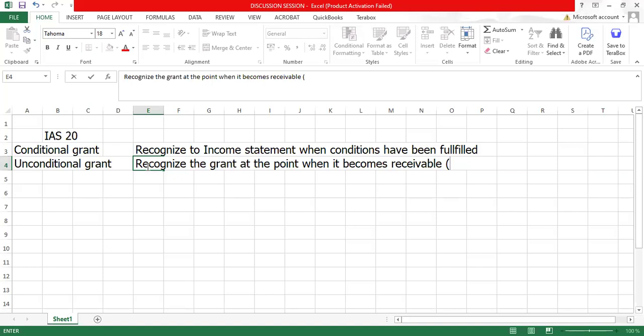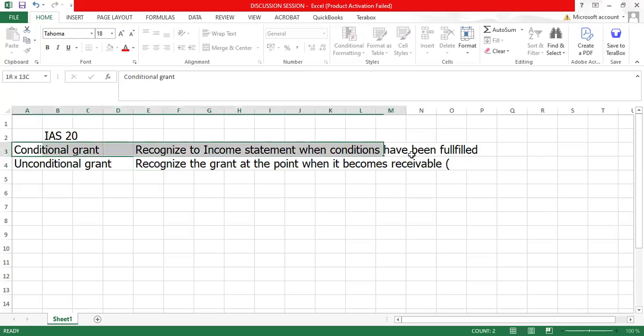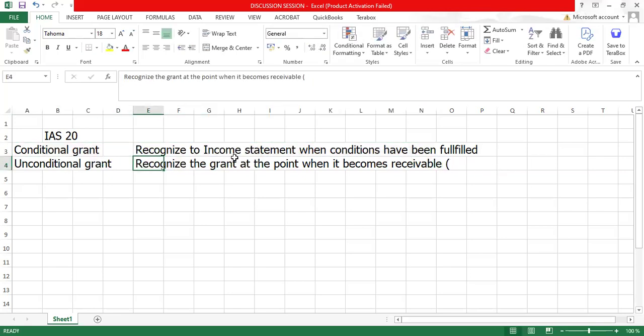Immediately, you recognize that grant as a receivable, the same way you see debtors. Even if you have not yet received it, once you confirm that you're going to receive the grant, then you recognize. But with the conditional grant, you only recognize once conditions have been fulfilled. That's something you needed to understand.